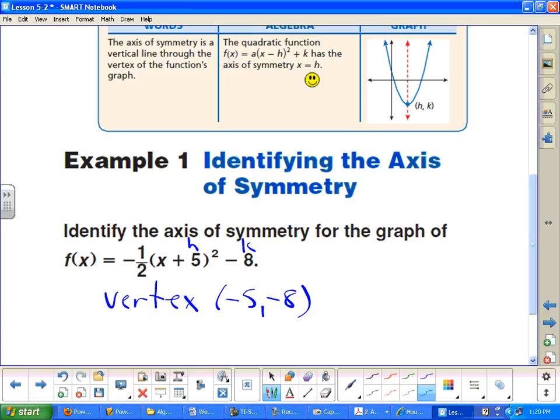So the vertex is -5, 8. That means the axis of symmetry, which it says right here, is just the line x equals h. So h in this case is -5. So the axis of symmetry would be the line x equals -5. So if you can identify the vertex, then you can find the axis of symmetry.